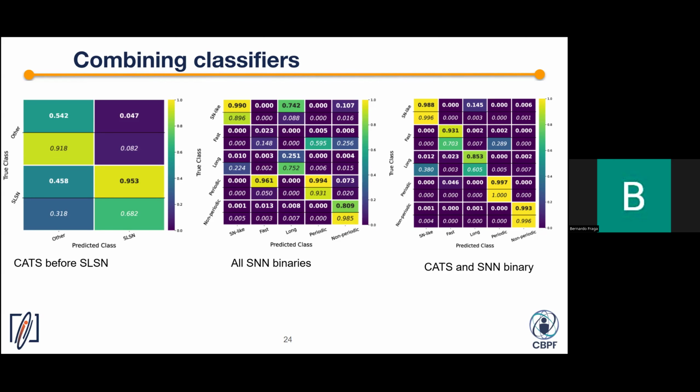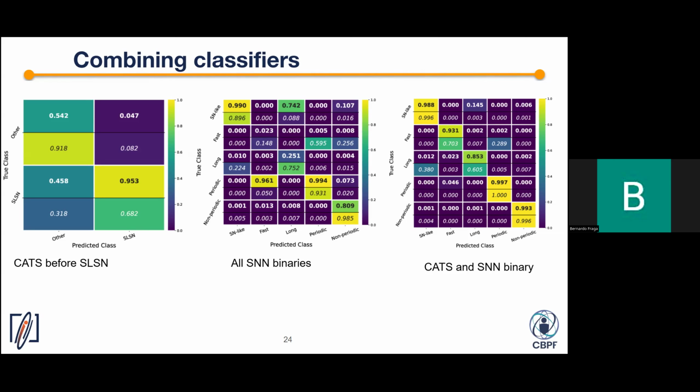Basically we take everything that gets classified as long by CATS, and this is the sample that the superluminous supernova classifier will work with. And what we have is a small increase in purity of around 6%. It was 90% and now it's 95, 96, but we managed to catch more of these objects too. Within the sample that the superluminous supernova classifier worked with, we have almost 70% completeness.